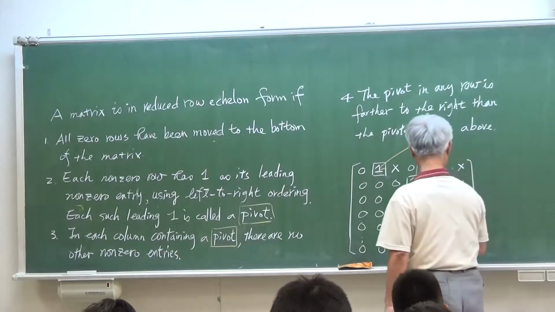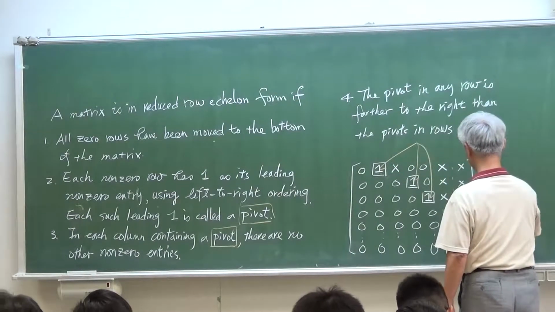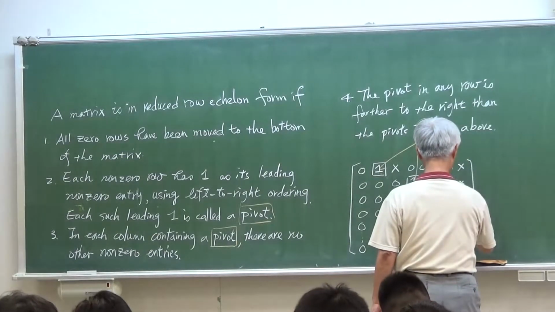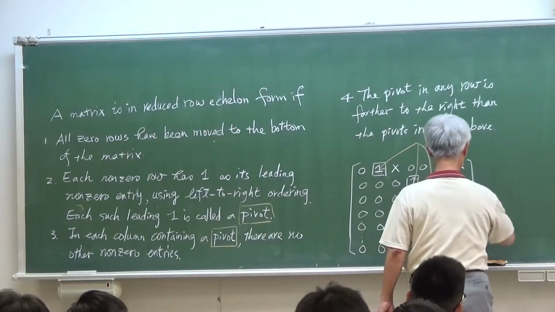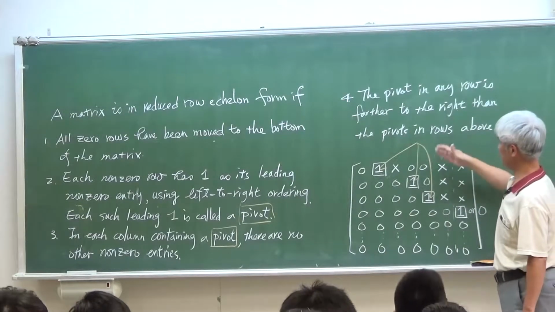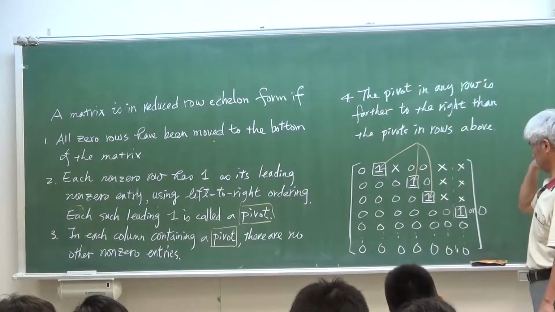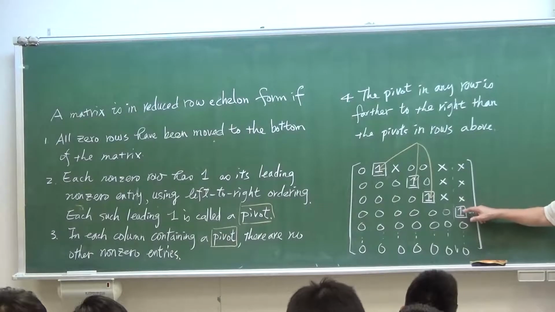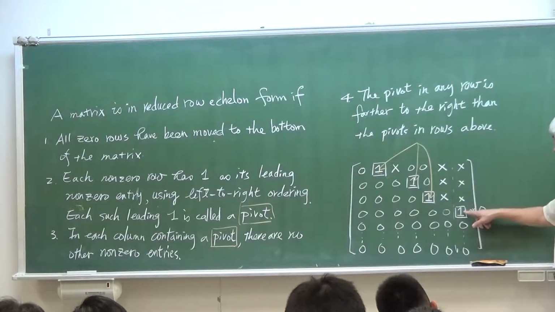Okay, and I think I have to write this one as 1, because even for an augmented matrix, if the last row is non-zero, then you have to scale its leading non-zero entry to 1. So you have to put that.